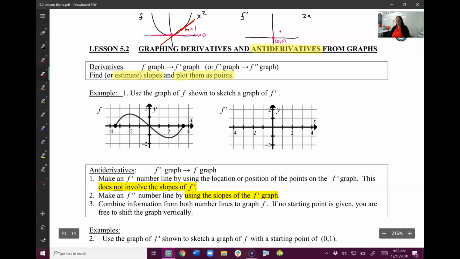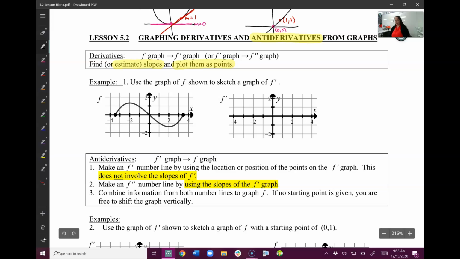The slope is 1. Things like that. And then we start to connect those points, and we see that that's the graph of 2x. So that's what we're talking about here. Whenever we're graphing a derivative, we're graphing slope points. That's what's really going on.